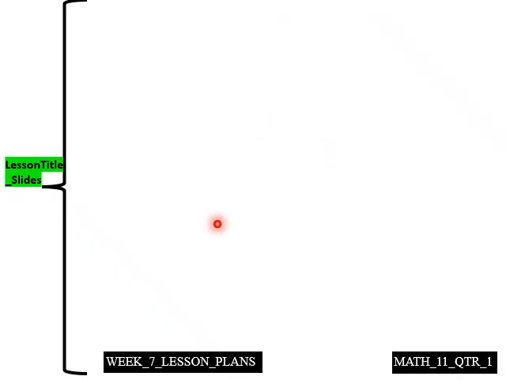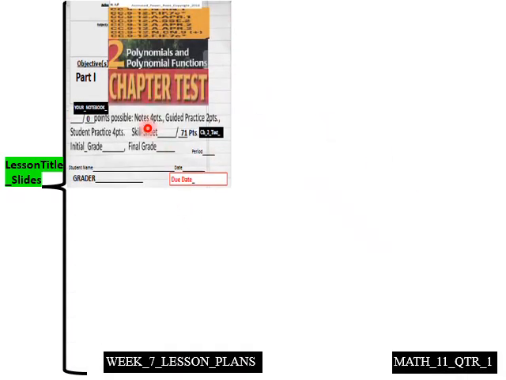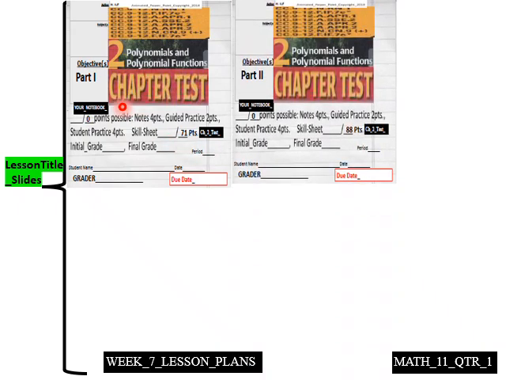And then finally for Week 7, we have the Chapter 2 test, 71 points for Part 1, Chapter 2 test, and then 88 points for Part 2 of the Chapter 2 test.